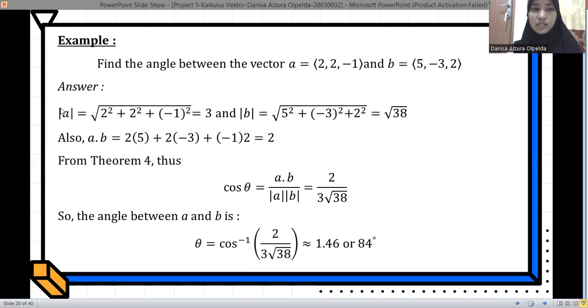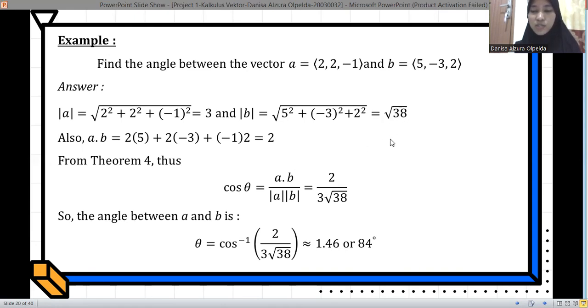We get the result for the magnitude of A is 3 and the magnitude of B is root of 38. Also, we have A dot B is equal to 2. From Theorem 4, thus cos theta is equal to A dot B over |A| |B|, so with this we get 2 over 3 root of 38.